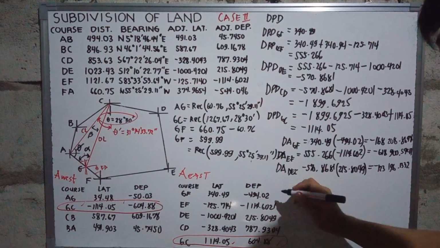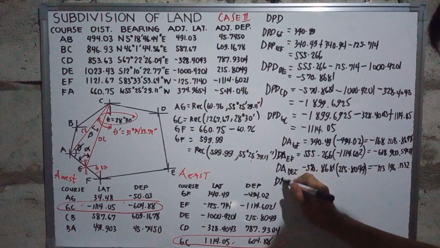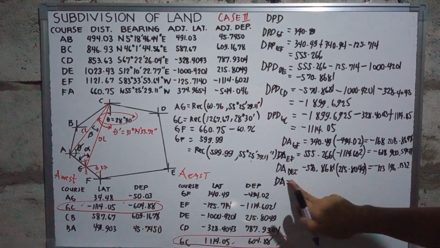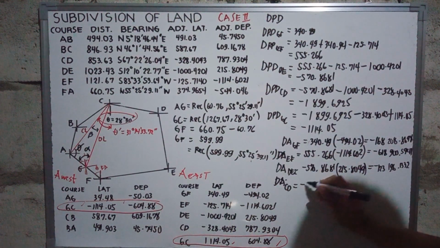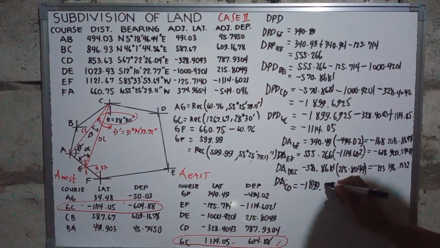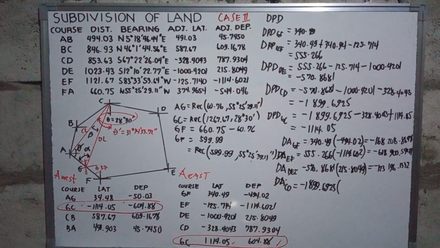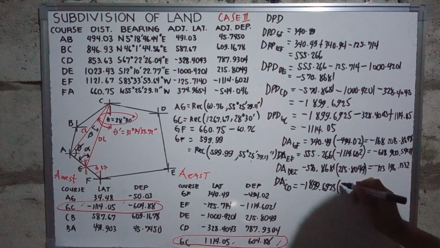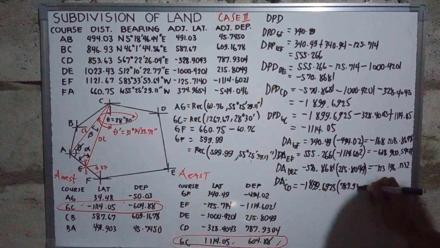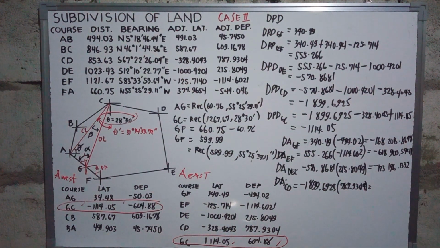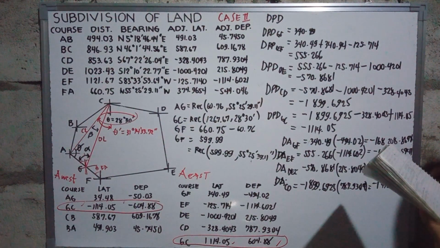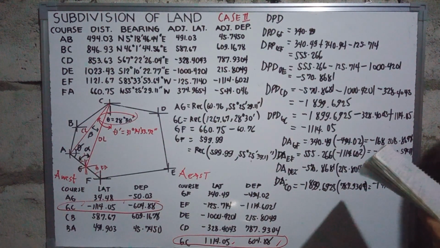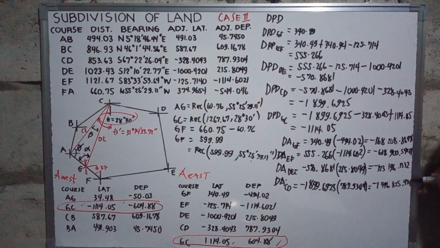Last, there are two more. The double area of CD is negative 1,899.6925 multiplied by its departure, 787.9304, so that will become negative 1,496,825.471.